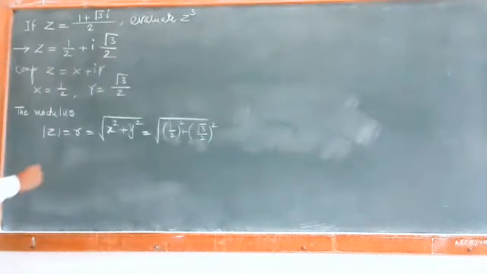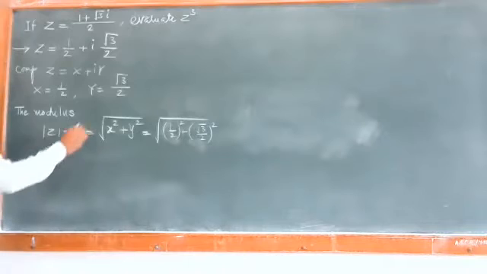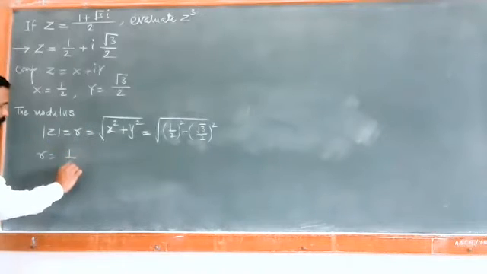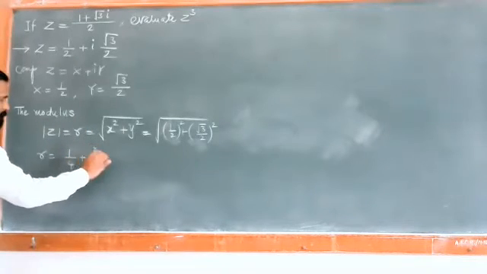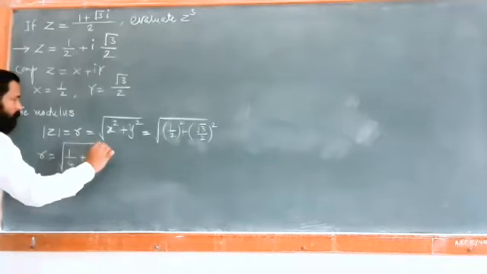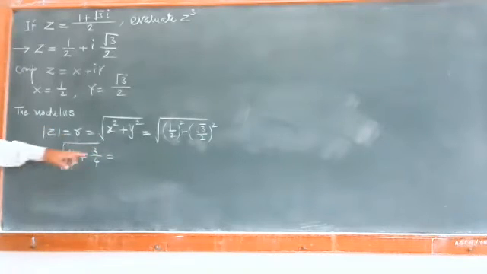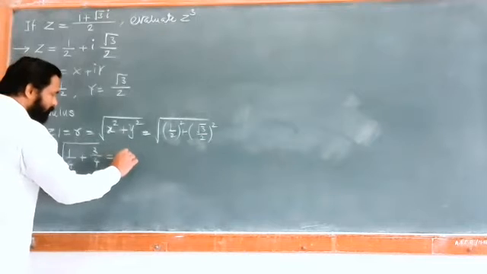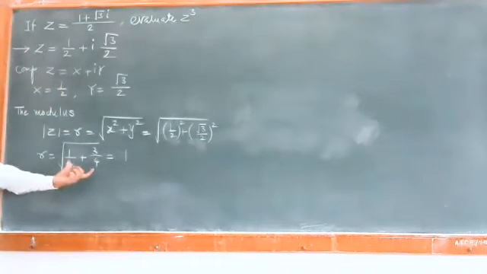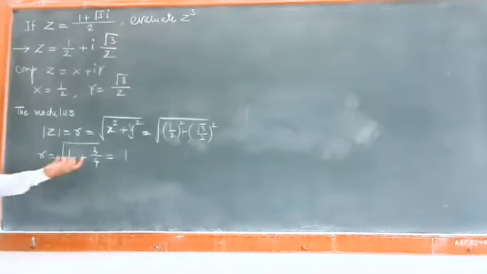And so this value of r is nothing but 1 by 4 plus 3 by 4. So the value of r comes out to be 3 plus 1, that is 4, 4 divided by 4, and that is nothing but 1. So this is the first thing, that is the modulus r is equal to 1.